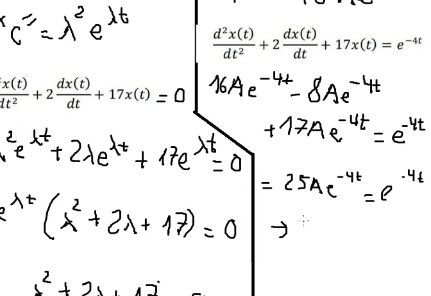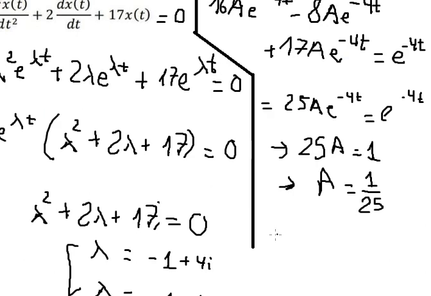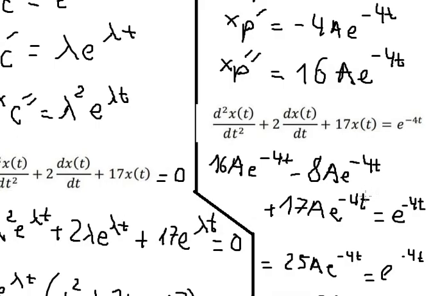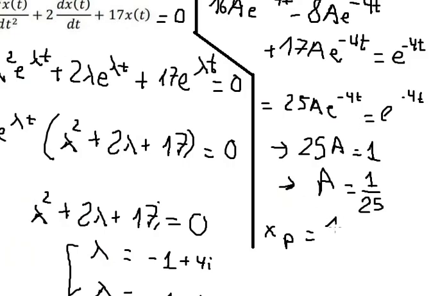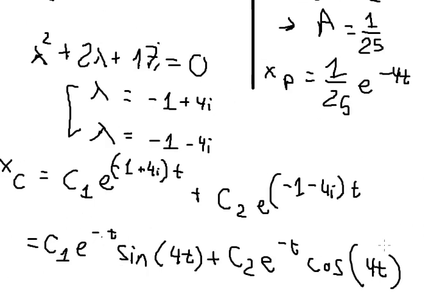That means 25A equals 1, so we can find the value of capital A. That's 1 over 25. After we find capital A, we have s_p. So we put 1 over 25 in here, and we have the final answer.